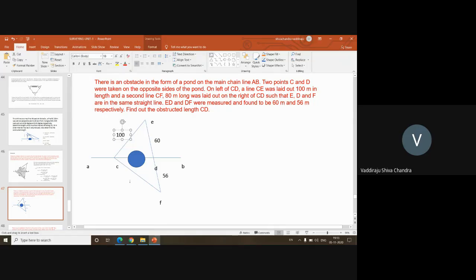He has given this another value, that is how much? This is 80 meters. So this is the given information. Whatever information is given in the question is now converted into a diagram form. Now what we need to determine? We need to determine the distance between C and D. So how to solve this problem now?